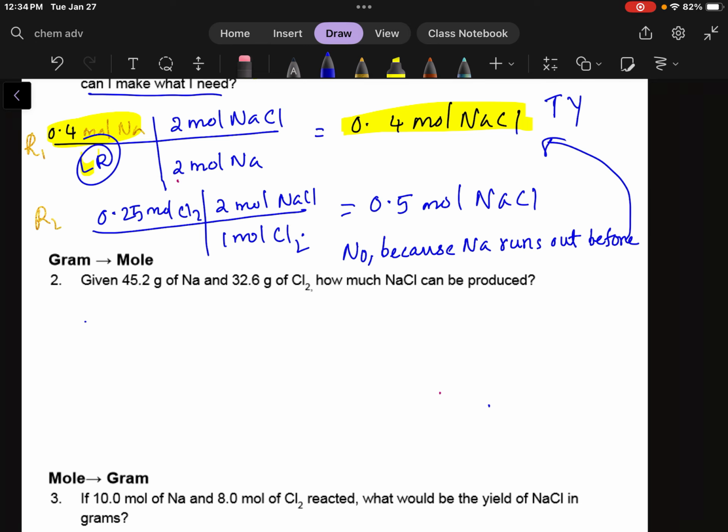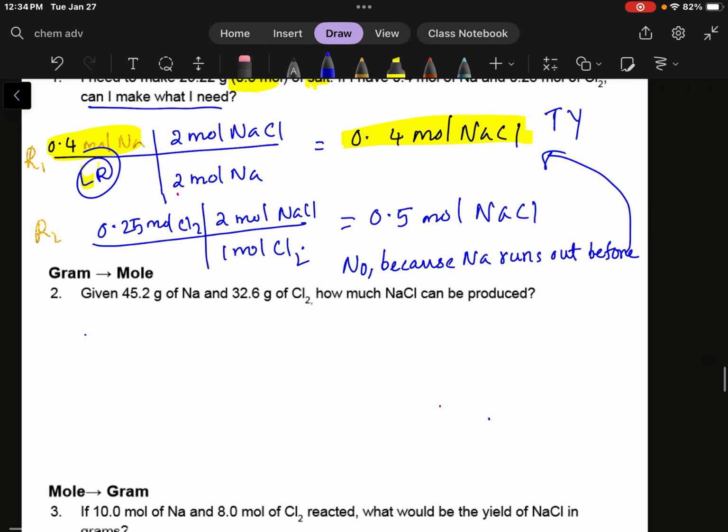This question says moles to gram conversion, okay? And it has two ingredients, two reactants, both in gram. You are going to find how much NaCl can be produced.